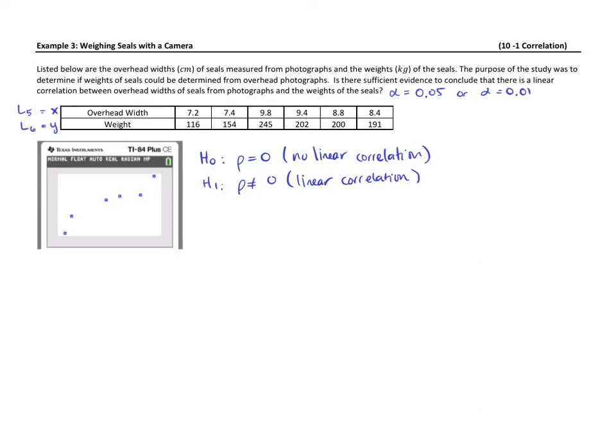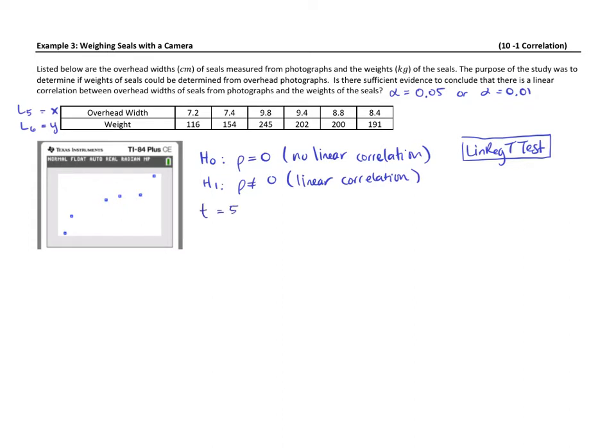So I'm going to go ahead and use my calculator here and perform the LinRegTTest. But before you can do LinRegTTest, you have to make sure that you type your data into a list. So again, I have mine saved in list 5 and list 6. So let me tab over to the next slide.